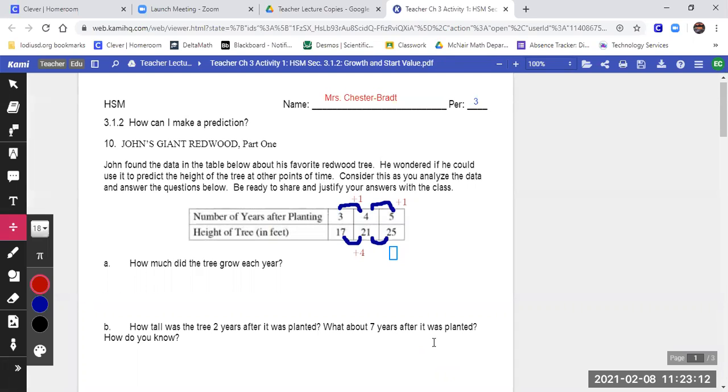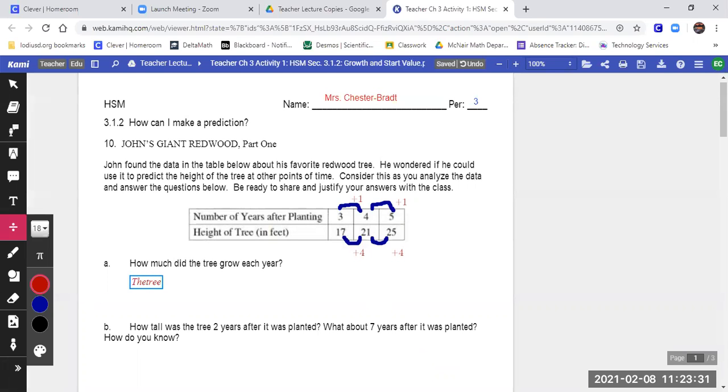Another 4 feet. Okay. So whenever we approach tables, we always have to do that first. Okay. Because it's that information that answers the first question. How much did the tree grow each year? So we have to use a sentence.